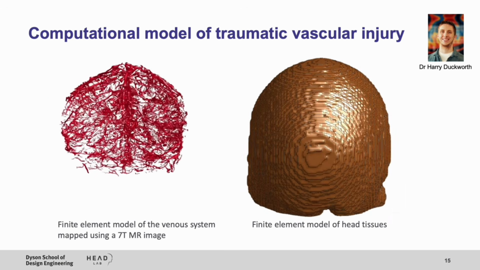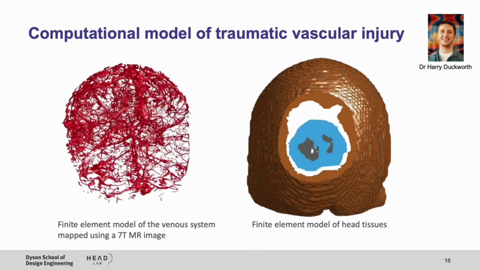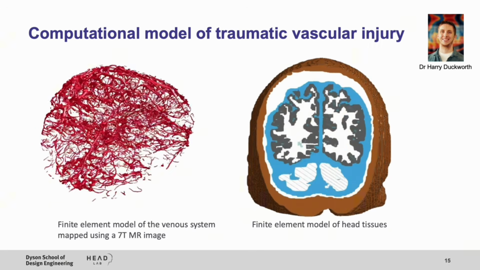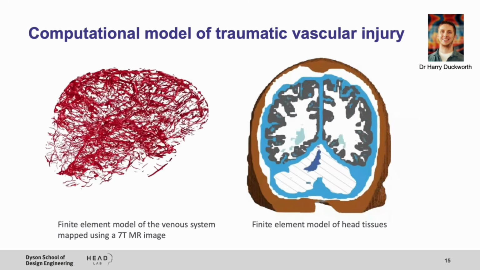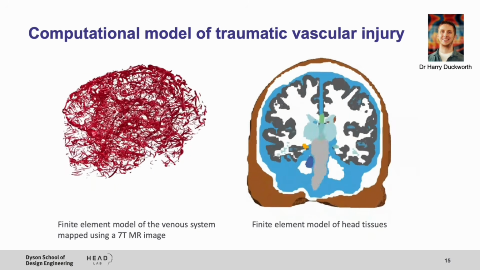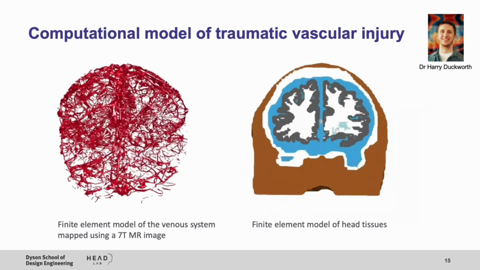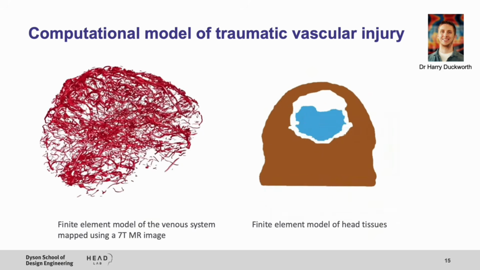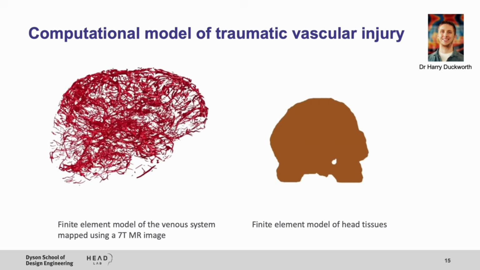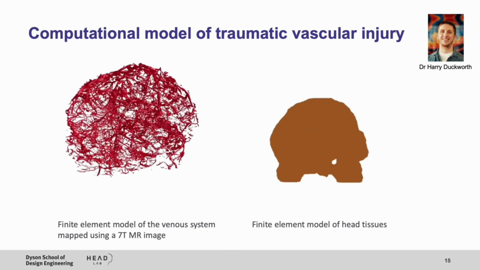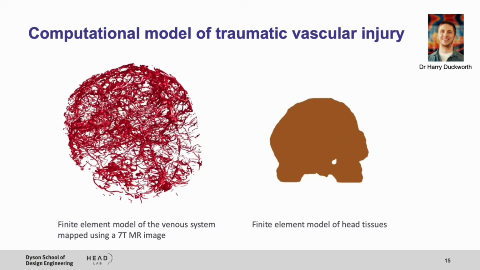He used beam elements to represent the different veins across the brain at high resolution. And then here is the finite element model of the brain of the same subject. So essentially he coupled these two to allow us to predict the deformation of the venous system during head impacts.